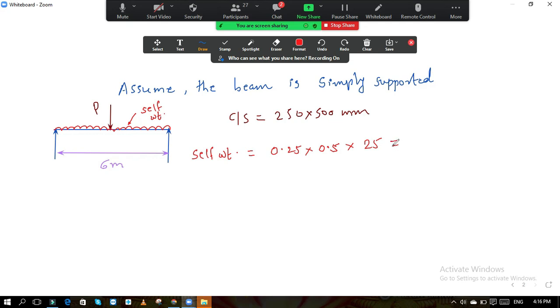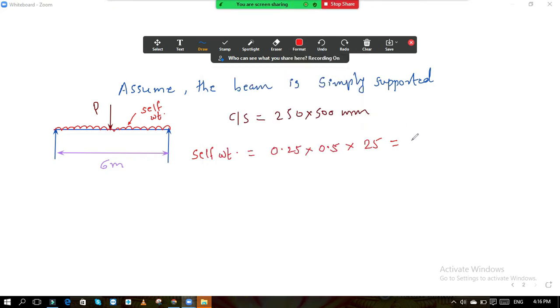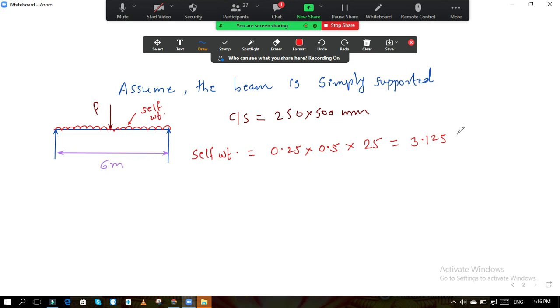So we will get the dead load. How much is it? 3.125 kilonewton per meter.